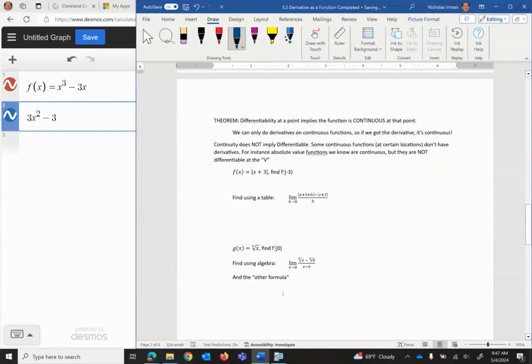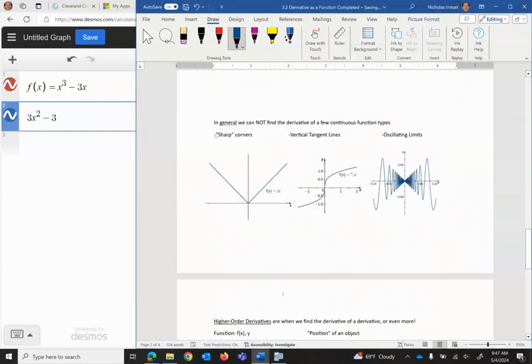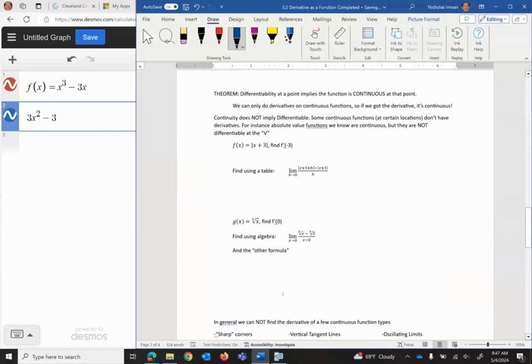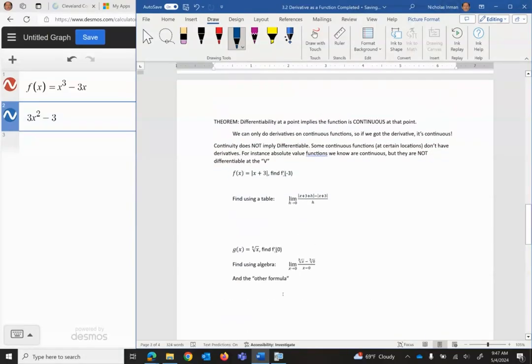The last little piece: we can only do derivatives on continuous functions. The idea is if we can find its derivative at a certain spot, then that means the function is in fact continuous.